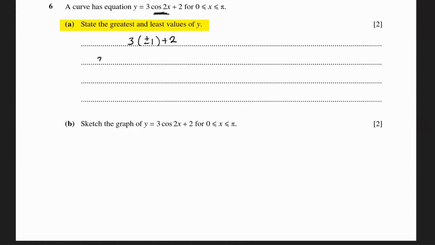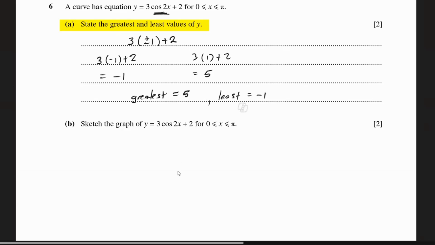So that's 3 times minus 1 plus 2, and 3 times 1 plus 2. That's minus 1 here, and this is 5 here. So the greatest value is 5, and the least is equal to minus 1. That's how we do it.